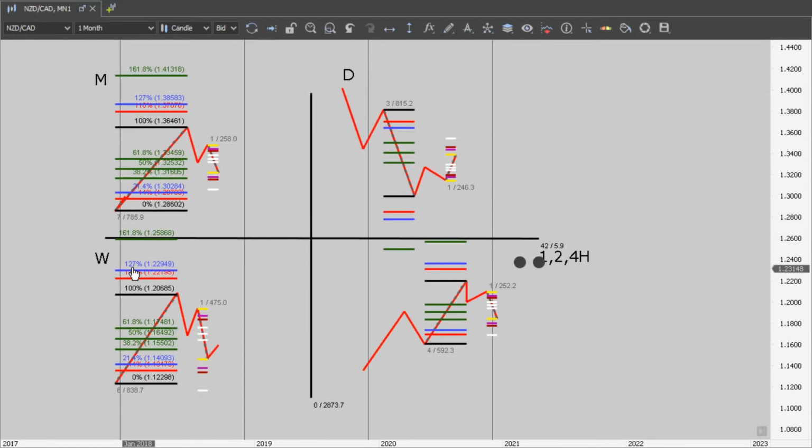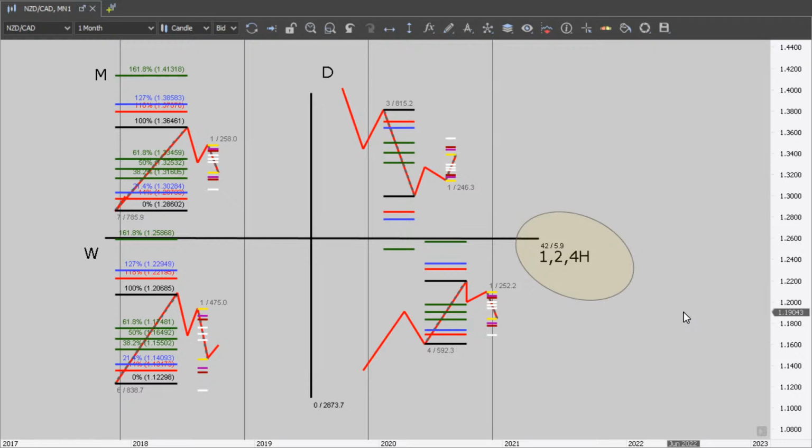Okay, now let's get to it, everybody. Question, how are we going to trade? How are we going to make pips and money from the 1 hour, 2 hour, 4 hour chart? Talking about the Fibonacci, everybody, what do you think?